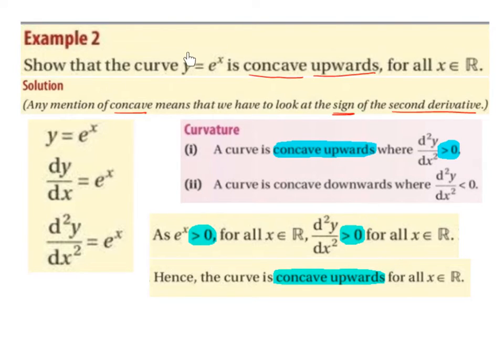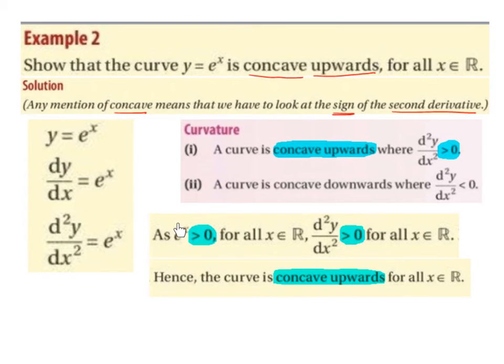Show that the curve y equals e to the power of x is concave upwards for all x values elements of the real number set. Any mention of concave means that we have to look at the sign of the second derivative. So y equals e to the power of x, dy/dx equals e to the power of x, and d squared y/dx squared equals e to the power of x.